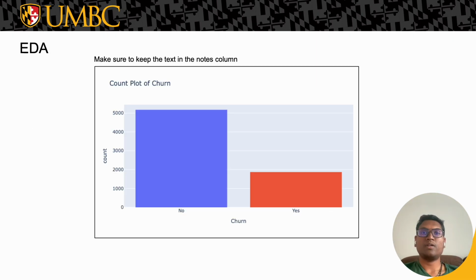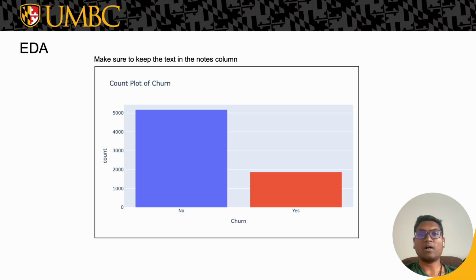Moving into the exploratory data analysis, this first chart shows the imbalance I just mentioned. This is a count plot of our churn target. We can clearly see the target is imbalanced.